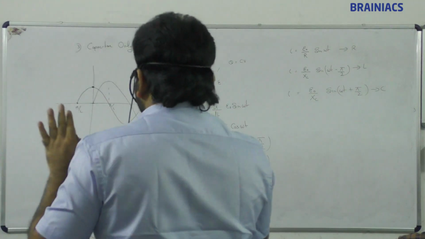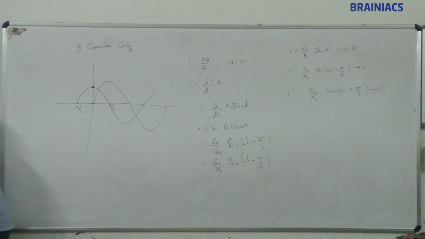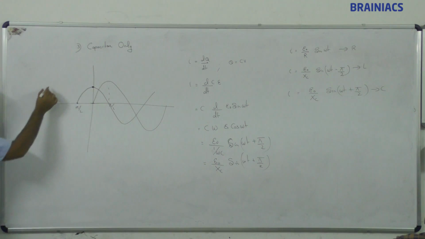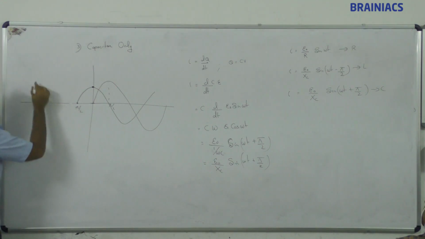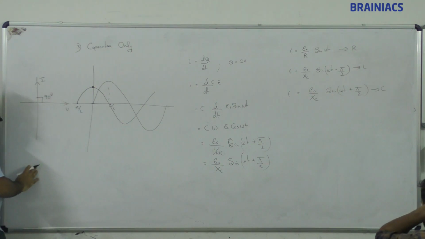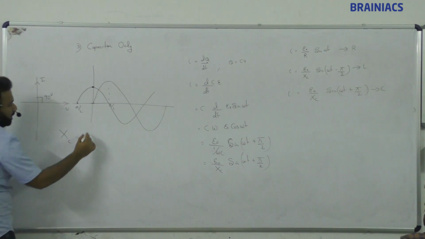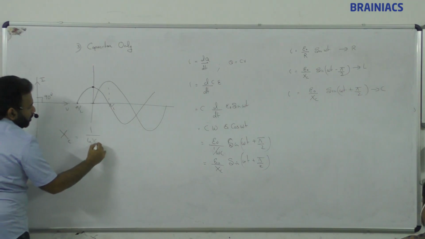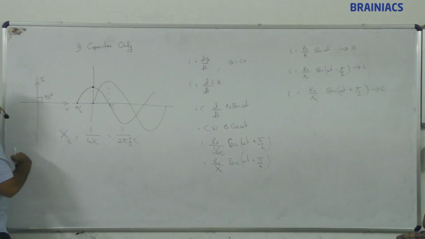Clear? Suppose we try to draw the phasor diagram, what will come? Current will be leading. Suppose this is voltage, this will be current. Capacitive reactance is nothing but 1 by omega c, or we could say 1 by 2 pi f c.